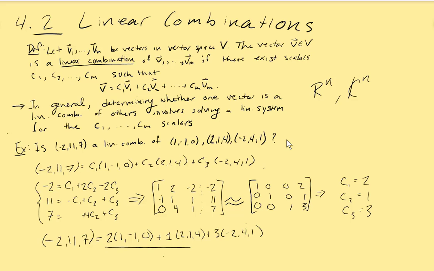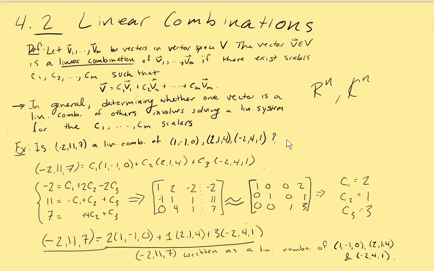And what we have here is the negative 2, 11, 7 vector written as a linear combination of the original set of vectors: 1, negative 1, 0, 2, 1, 4, and negative 2, 4, 1.